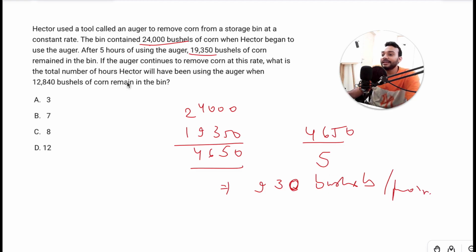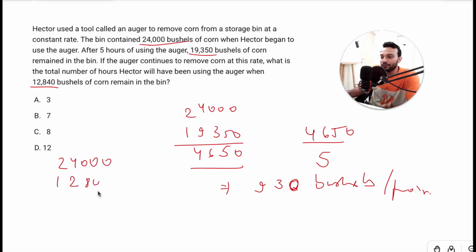Now they're saying that if the auger continues to remove corn at this rate, what is the total number of hours Hector will have been using the auger when 12,840 are left? So out of 24,000, 12,840 are left.